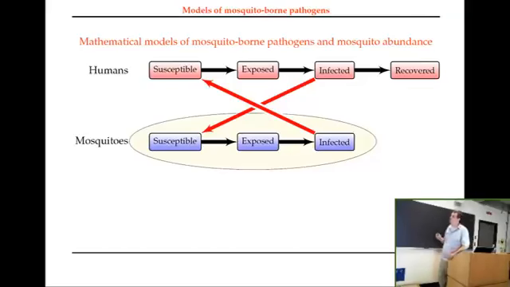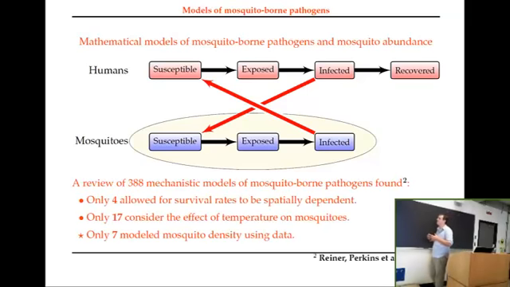Recently we did a systematic review of all mechanistic models of mosquito-borne pathogens. Of the 388 mechanistic models, incredibly only 4 allowed for survival rates of mosquitoes to be spatially dependent. Only 17 considered the effect of temperature in any way whatsoever, whether it be realistically forcing using temperature or just using temperature in a very silly non-data-based way.